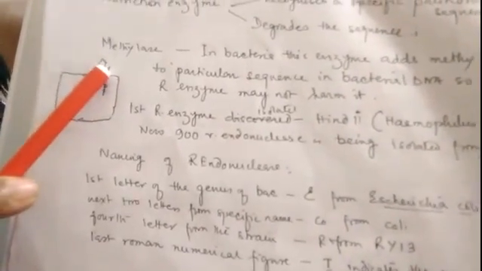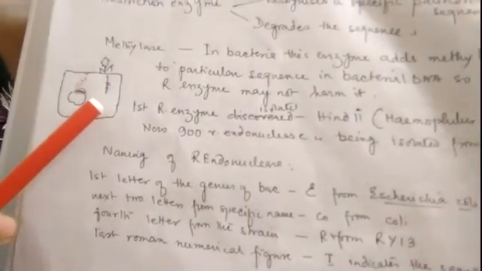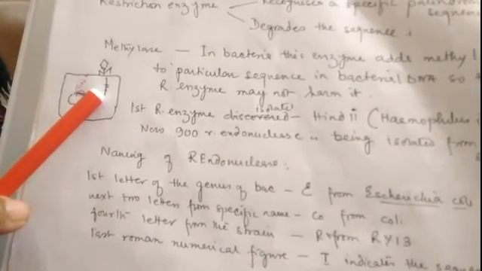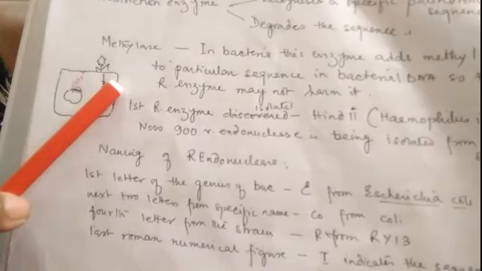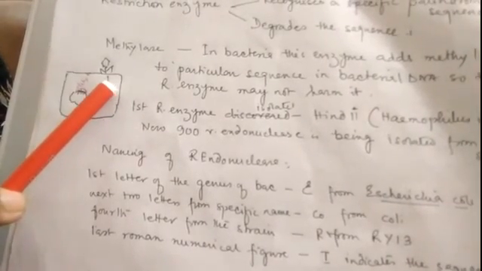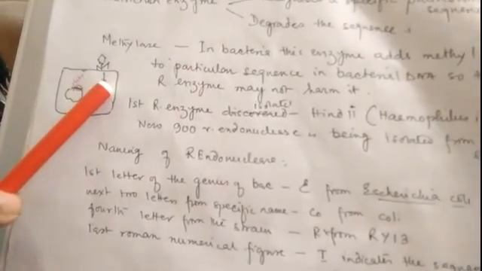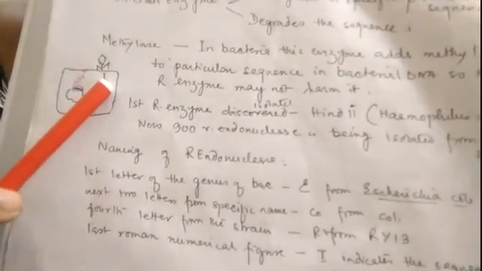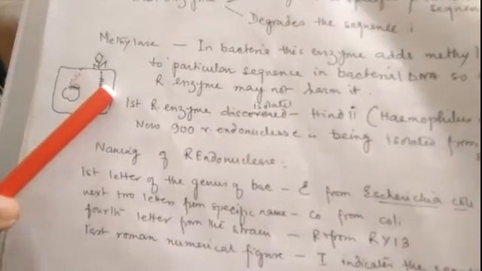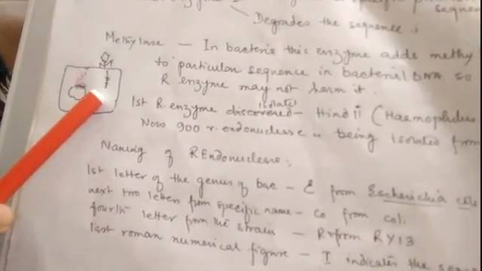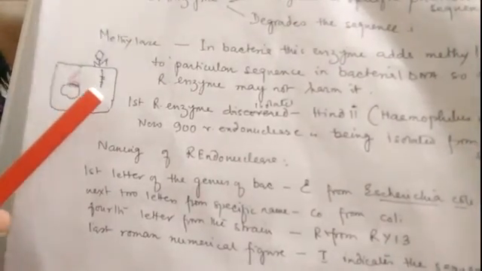So to protect themselves from the invasion of the bacteriophage, these bacteria produce a set of enzymes called restriction endonuclease. They cut the viral DNA at specific sites and thus inactivate the viral DNA, and thus help to protect themselves.